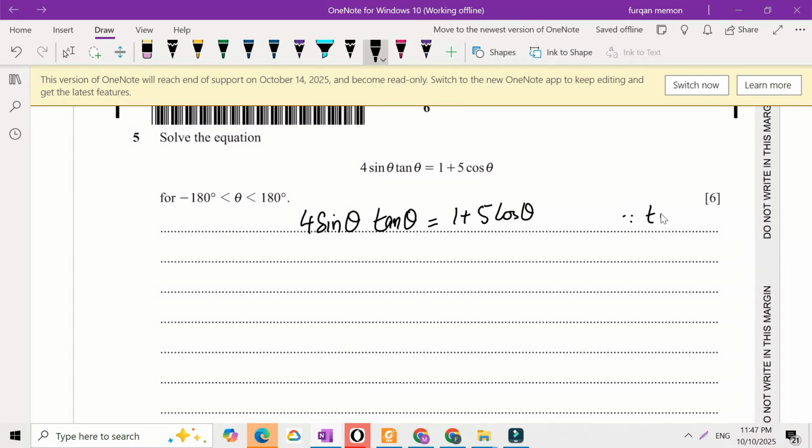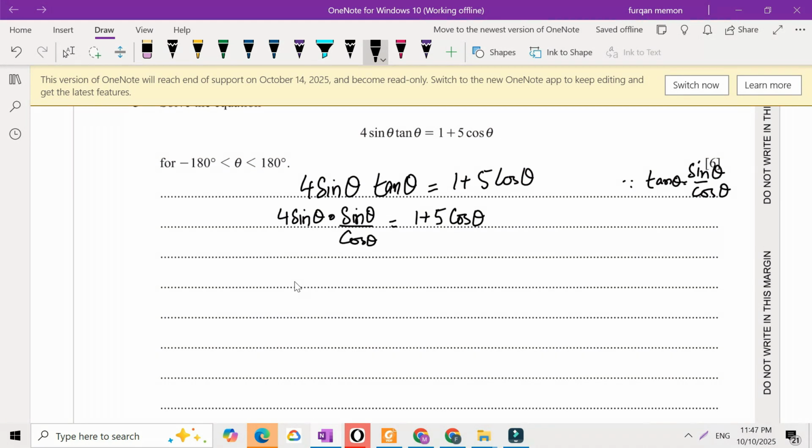And we know that tan theta is sine theta over cos theta. So when we plug this value into this equation, it becomes 4 sine theta times sine theta over cos theta equals 1 plus 5 cos theta.